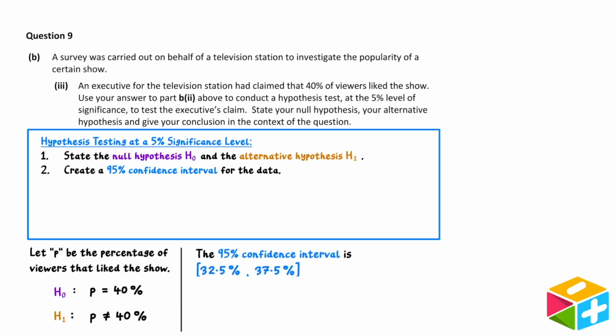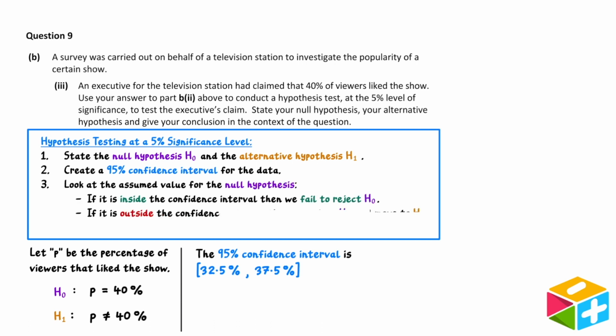Thankfully, we've already done this in the previous part of the question, and the 95% confidence interval we found was 32.5% to 37.5%. Step 3 involves the following. We need to look at the assumed value for the null hypothesis. If it is inside the confidence interval, then we fail to reject H0. If it is outside the confidence interval, then we reject H0 and move to H1.